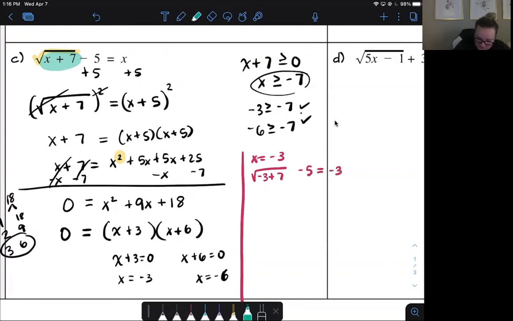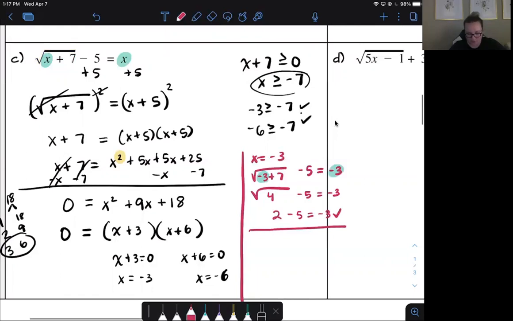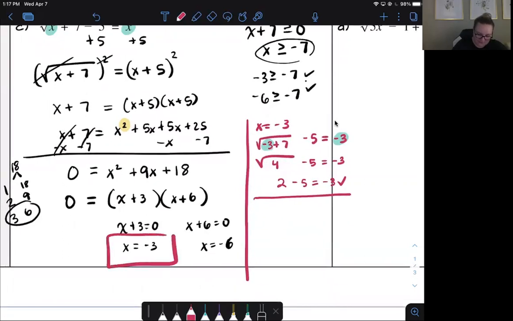As you can see, I just took -3 and plugged it in for x from that initial equation. Both of those x's got replaced by -3. So is the square root of 4 minus 5 equal to -3? The square root of 4 is 2, and 2 minus 5 is in fact -3. So that solution works. X equals -3 is an answer.